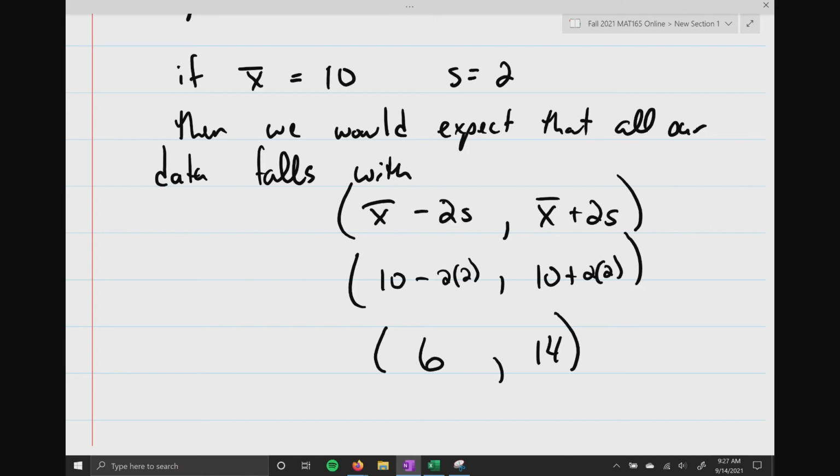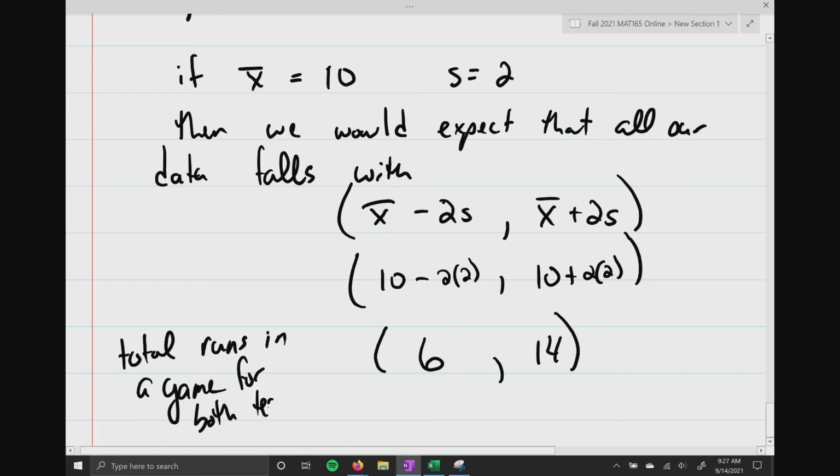But let's say these are runs in a game. Okay, total runs in a game for both teams. So what you're doing is you're just taking the final score and you're adding the two numbers. That's it. So if we found games that had 6 runs, I would say, okay, yeah, I would expect that.